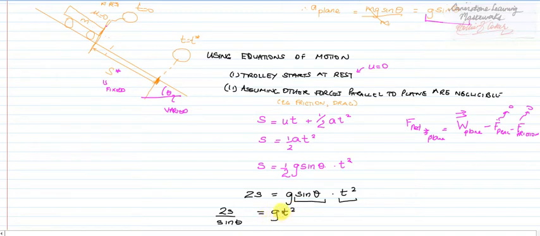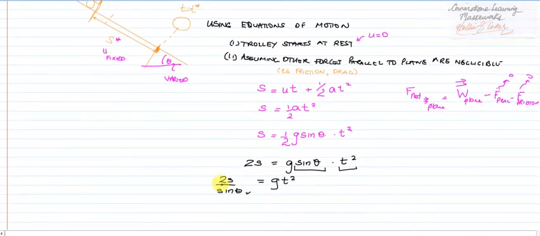Now t is the responding variable, and the angle is the manipulated variable, because we're varying the angle. So I prefer to write it as t squared equals 2s on g sine theta.